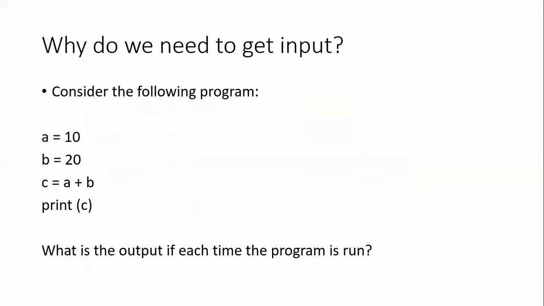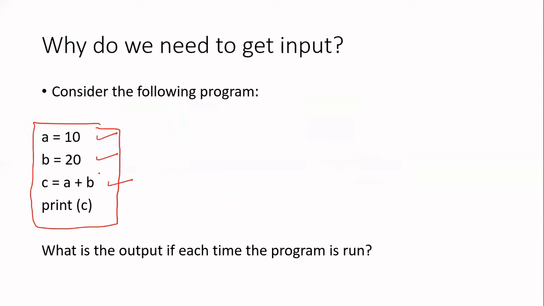Why do we need to get input from the user? Well, let's consider this particular segment. In this segment, we're giving the variable A a value of 10. We're giving B the value of 20.